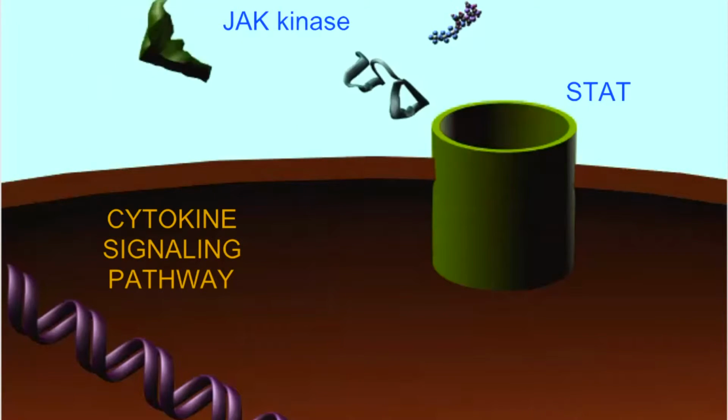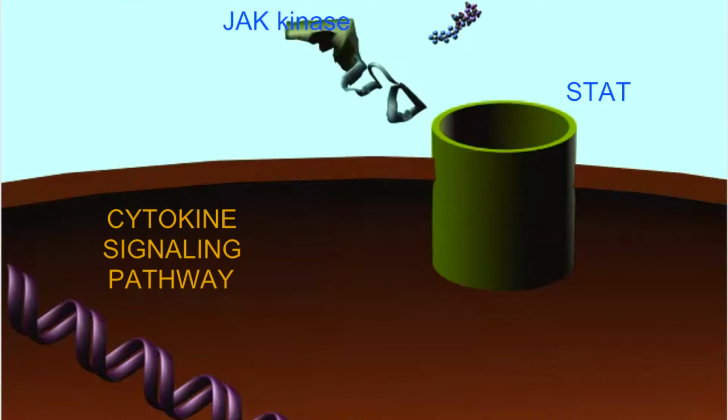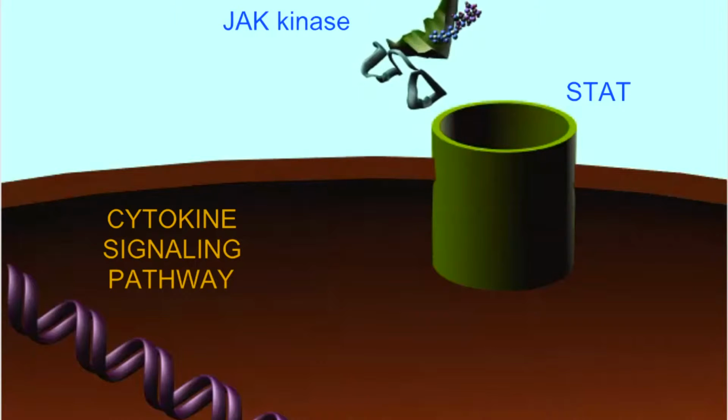In some pathways, a cytoplasmic kinase enzyme phosphorylates a target in the cytoplasm, and it is this target which then passes through the nuclear pore into the nucleus, where it acts as a transcription factor binding DNA.